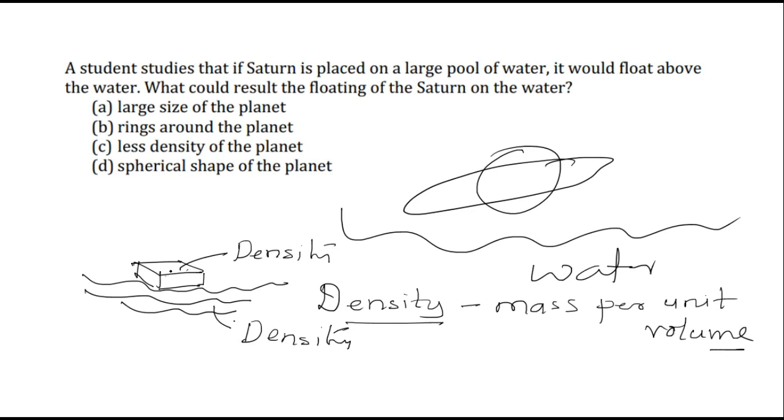If wood has a density less than water, then it floats on water. So in this case, the density of Saturn is less than the density of the water. So obviously it floats on water. So the answer is C.